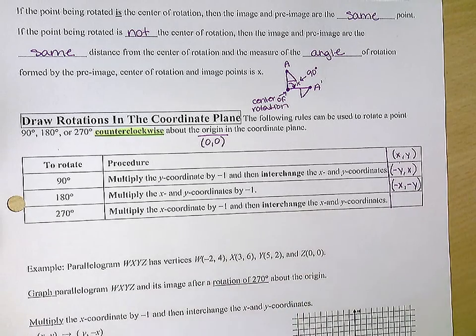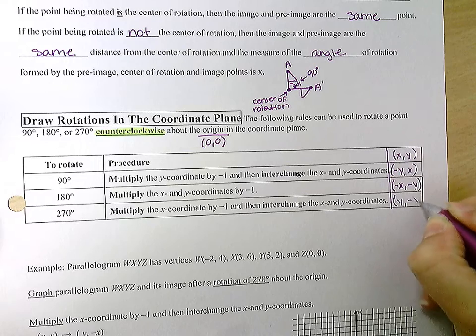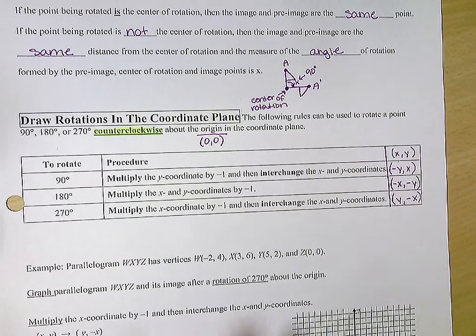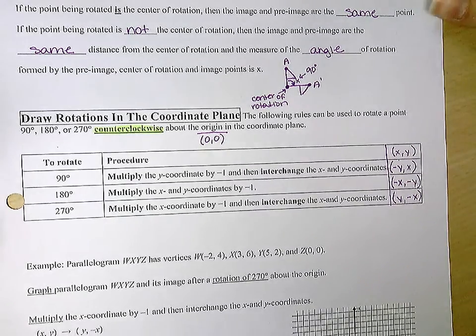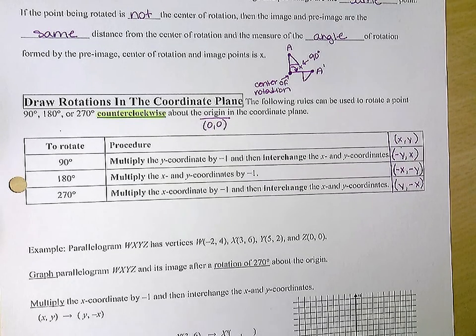Again, we're flip-flopping those coordinates. So for this one, we would have (y, -x) as our new image coordinate. Again, these are all for counterclockwise. Questions so far before we do an example of a rotation?